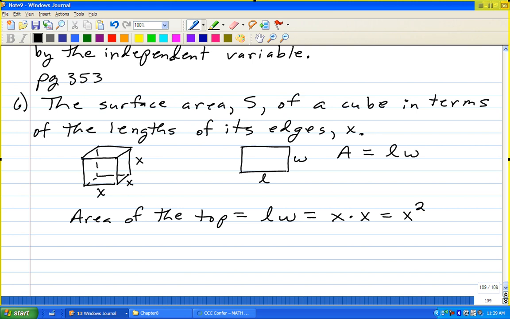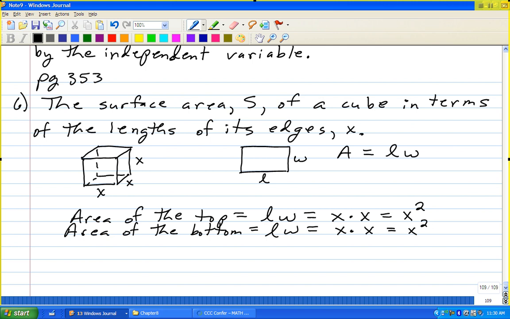The area of the bottom, again, if I look at the bottom, it's just some sort of rectangle. Matter of fact, it's a square. The length of this side is x, the length of this side is x. So it's x squared.